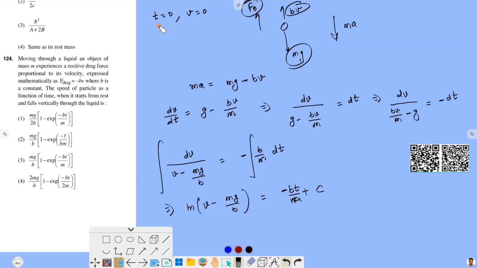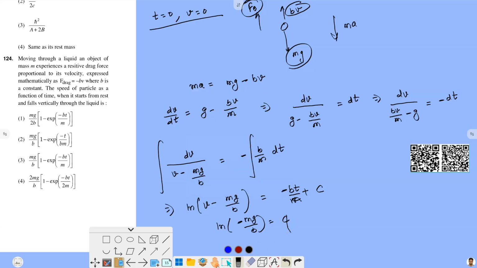Now, as per given condition that at t is equal to 0, v is equal to 0. So from that, I will get that ln of minus mg by b is equal to C. Now, normally this type of expression is invalid because ln of a negative value does not exist, but we are going to use it as it is so that we can get something matching to this given expression.